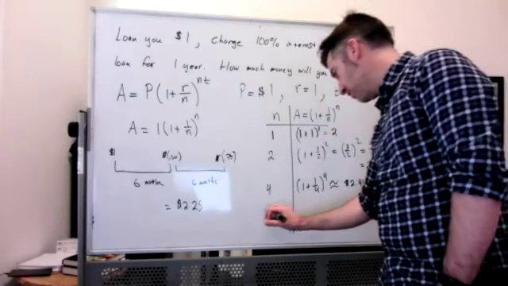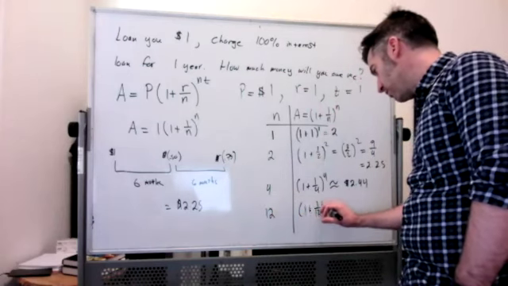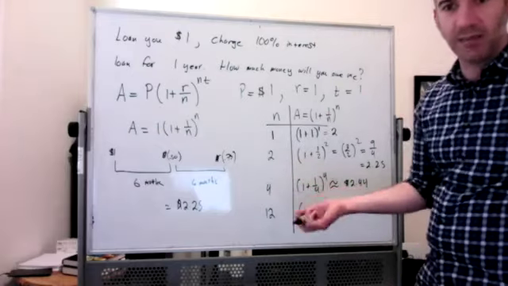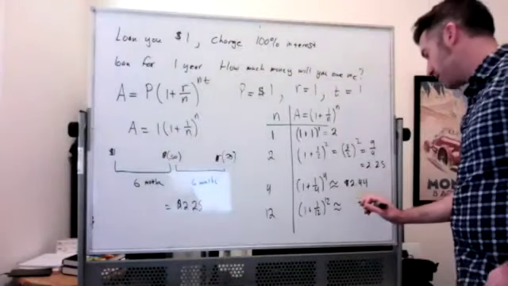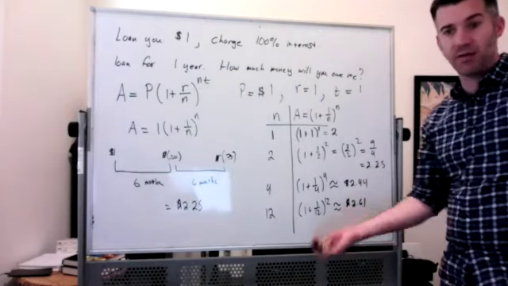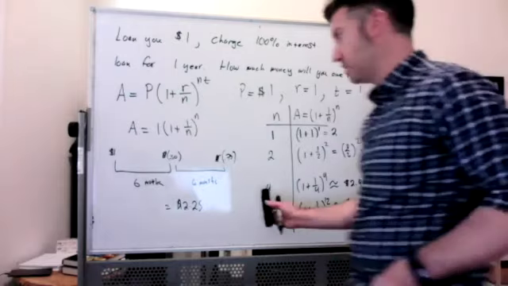Well, let's see. If we compound it monthly, it's going to be 1 plus 1/12 to the 12th, which I encourage all of you to check with your own calculator if you want, just to see that I'm not a liar. If you find 1 plus 1/12 to the 12th, it's going to be about $2.61. So compounding it monthly, I get an extra 61 cents versus annually.